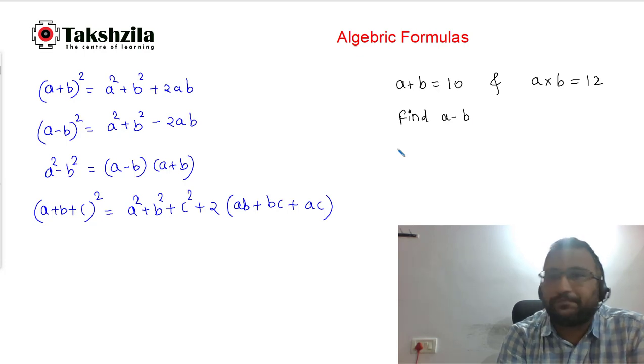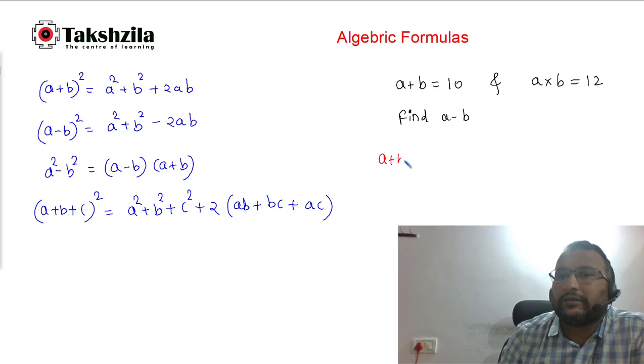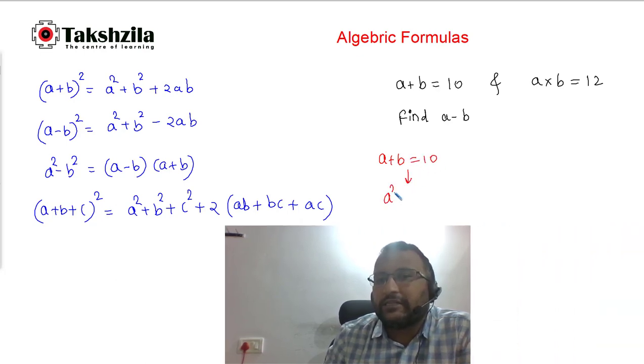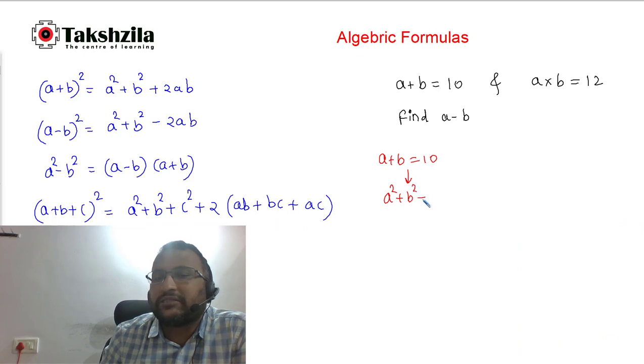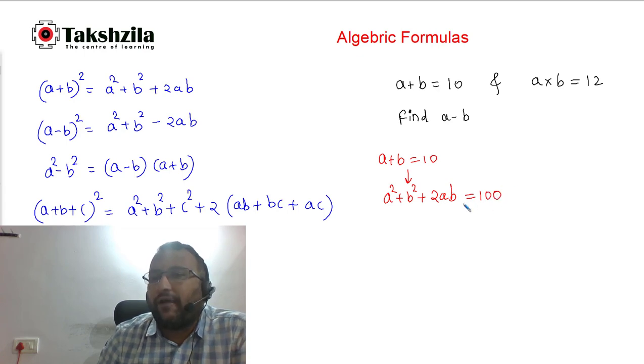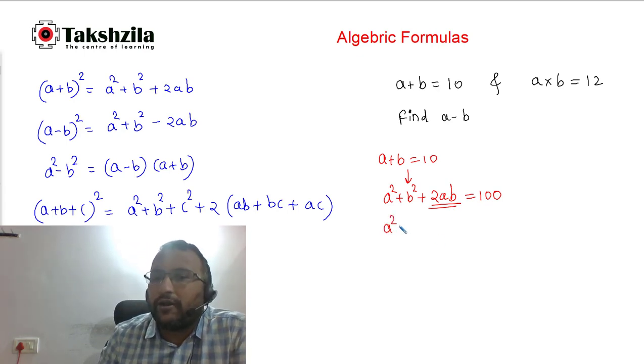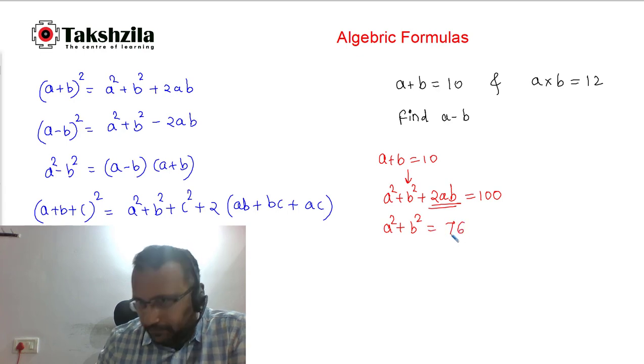As we know, a plus b is equal to 10. Let's square this. This will be a square plus b square plus 2ab is equal to 100. Now we know that the value of a into b is 12. So 2 into 12 is 24. So 100 minus 24 is equal to 76.